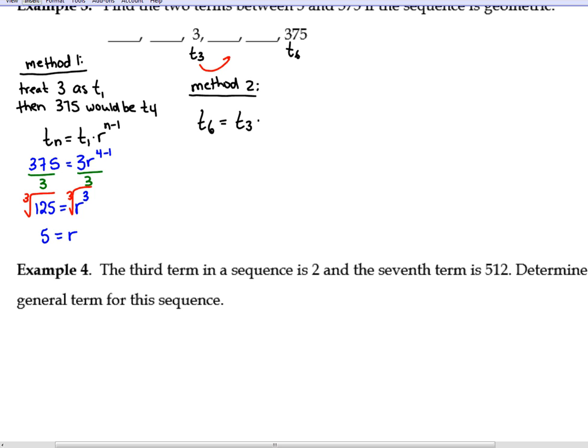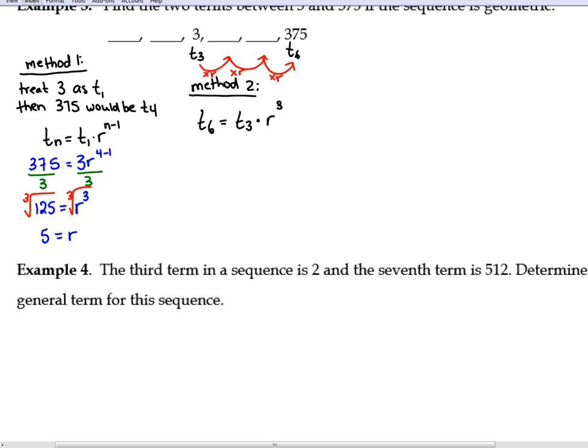How many times would I have to multiply by r to get there? Nope. 3 hops. Times by r 3 times. So if I multiply by r 3 times, it's the same thing as multiplying by r to the power of 3. And the difference of the terms would also give you how many times you're multiplying by r.